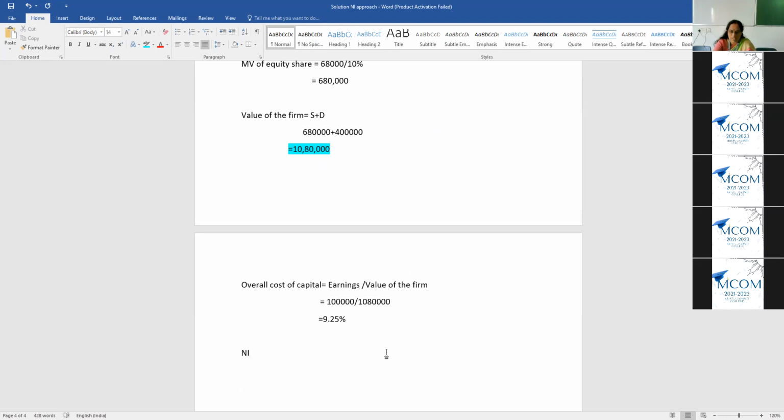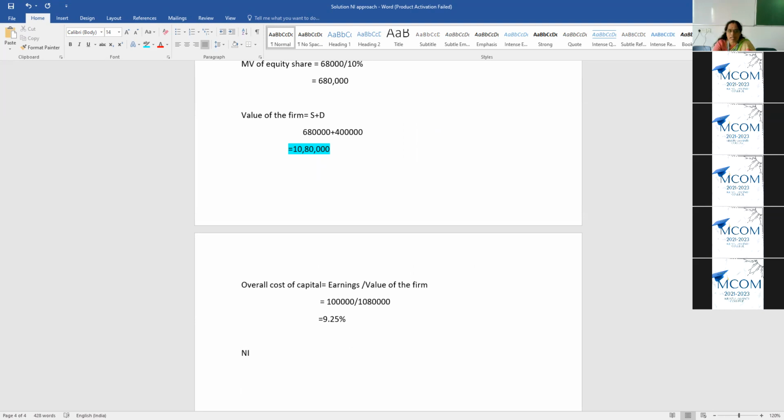The net income approach says that there is a relationship between capital structure and the cost of capital. When you increase your debt, your cost of capital should come down, and that's going to be your optimum capital structure.